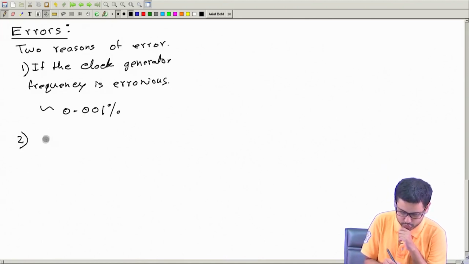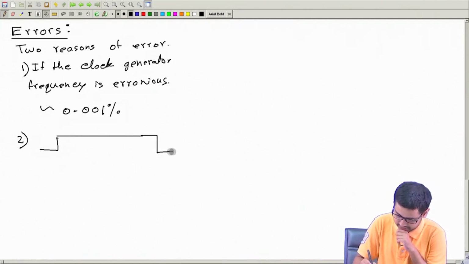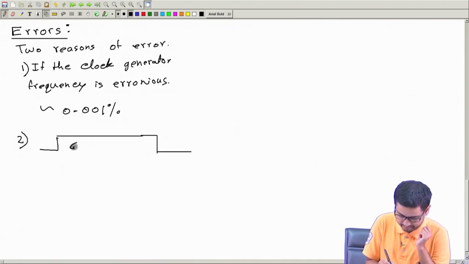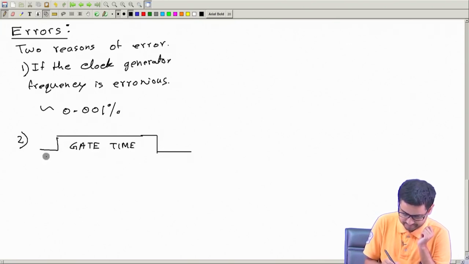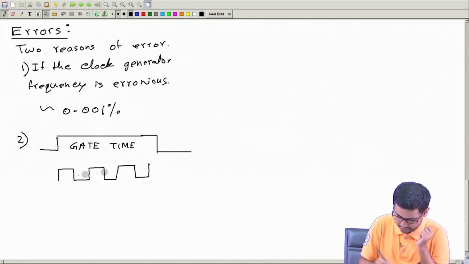So, what do we do? This is my gate time. Now, I draw it with a larger span. So, this is the gate time or counting time, and this is the gate signal, okay, and within this time we measure the number of cycles of the input signal. Say the input signal is like this, which has 1 period, 2 periods, 3 periods, so this is 1, 2, 3.